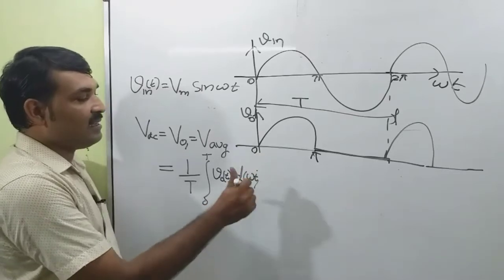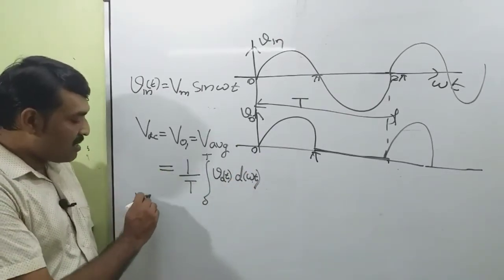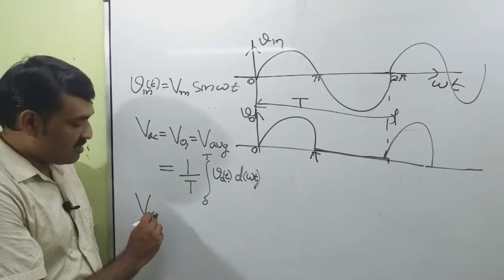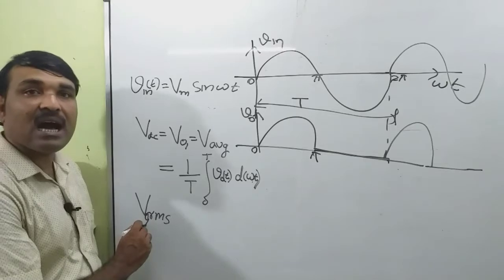So we are integrating with respect to omega t, and our RMS value, that is V RMS value of output signal. So I am indicating O, that represents output.